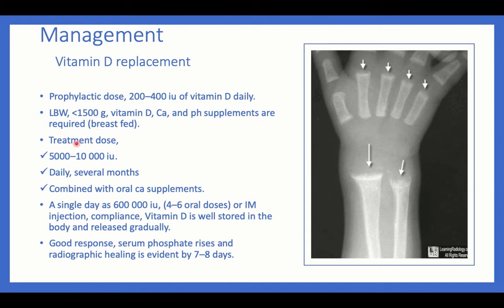When we have established rickets, the treatment will be with the therapeutic dose of vitamin D, which is 5,000 to 10,000 international units given daily for usually at least 2 months, for several months, combined with oral calcium supplements, very important to avoid hypocalcemia, and monitoring of the dose by serum phosphate level that usually normalizes with vitamin D replacement and by radiographic healing evidence, having this characteristic line of calcification due to mineralization and deposition of calcium at the site of the growth plate.